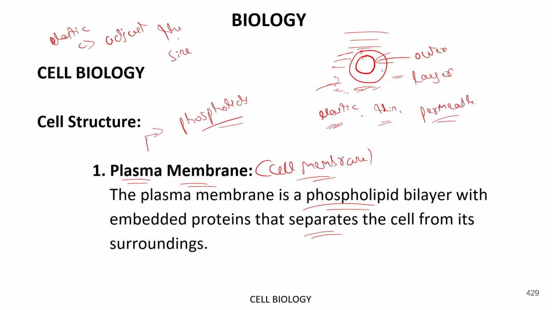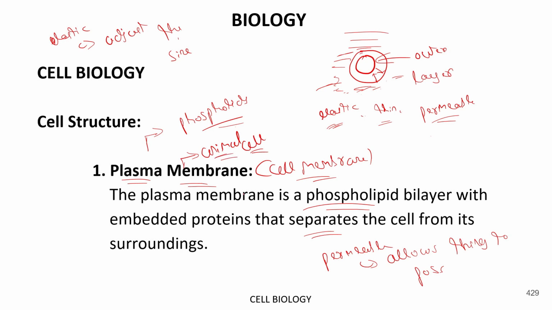Thereafter it is thin and it is permeable. Permeable means it allows things to pass. So you can say any exchange between the cell and its surroundings is done through the permeable membrane, or you can say through the plasma membrane, which is also known as the cell membrane. Got it? Cell membrane is only found in animal cells. Remember, the cell membrane is only found in animal cells.